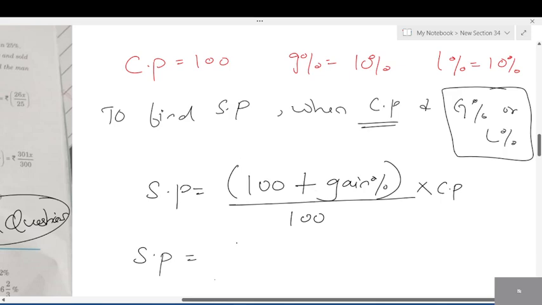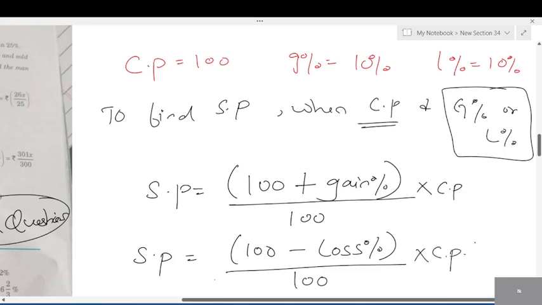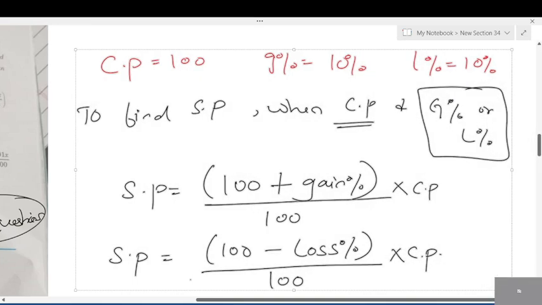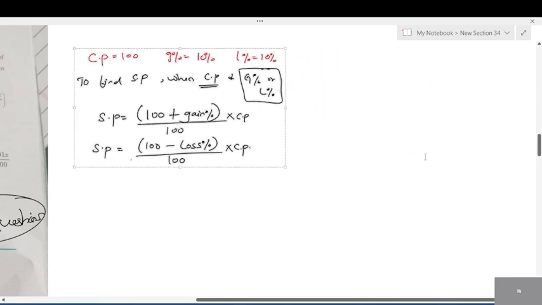What if loss percent value is given? Instead of plus, you put minus. This is the formula. Make a note of this formula to find selling price. Like this, you'll have even for cost price, two formulas for CP. Remember, these are the formulas we use when gain percent and loss percent is given.